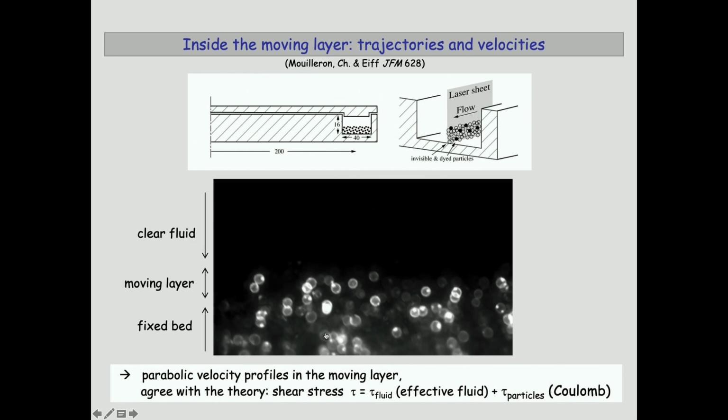The effective fluid means that we have a viscosity which is not the molecular viscosity, but a sort of turbulent viscosity, which accounts for the velocity fluctuations of the fluid due to the motion of the particles. And this particle shear stress obeys a simple Coulomb law. That is, it is the product of the friction coefficient multiplied by the hydrostatic pressure.